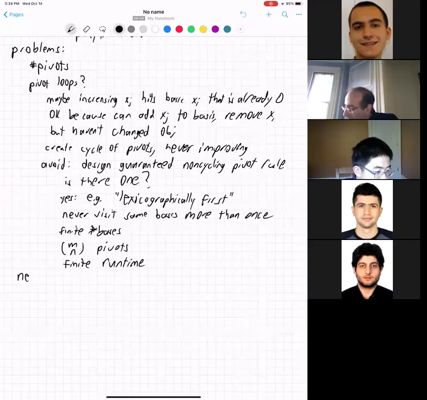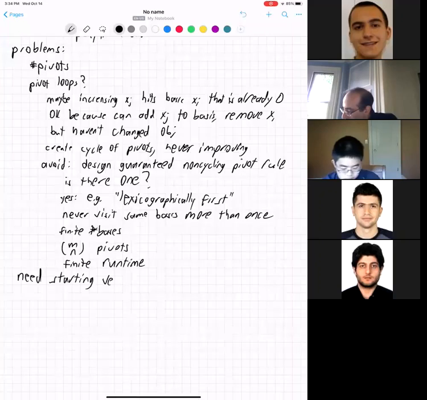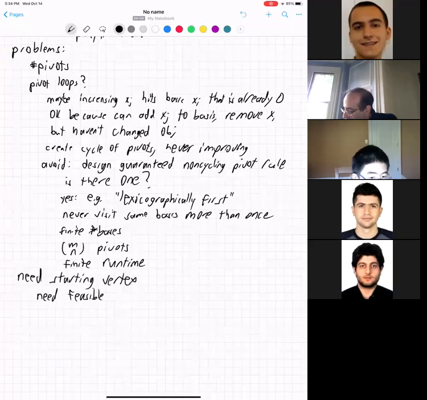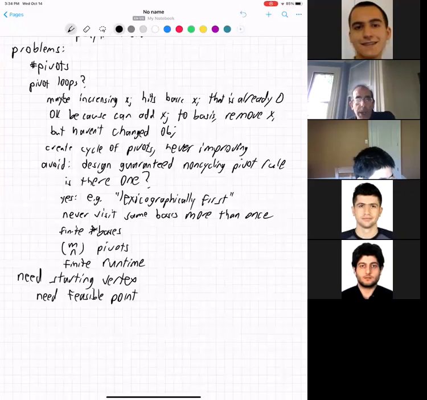We need a starting vertex. Now, if you think about it, what that means is that we need a feasible point. A vertex certainly is a feasible point, and I already showed you that if you have a feasible point, you can round it to a vertex.